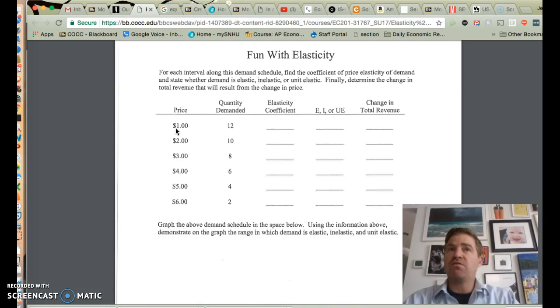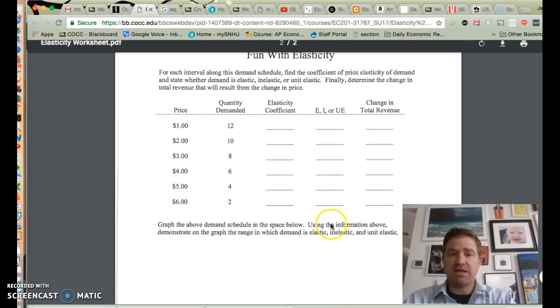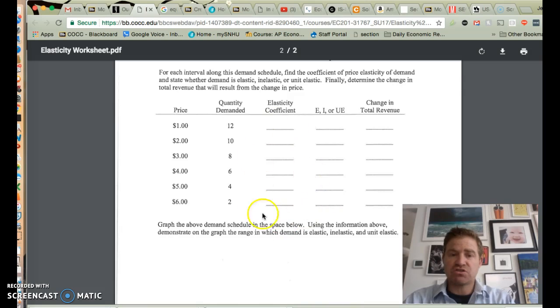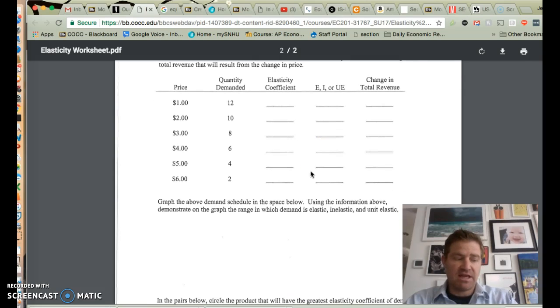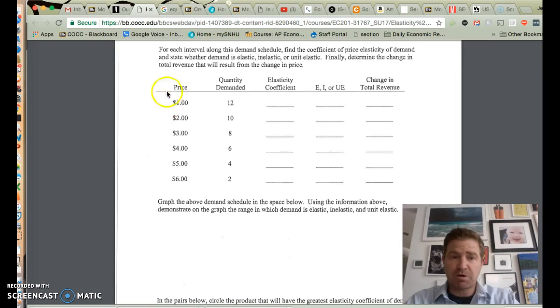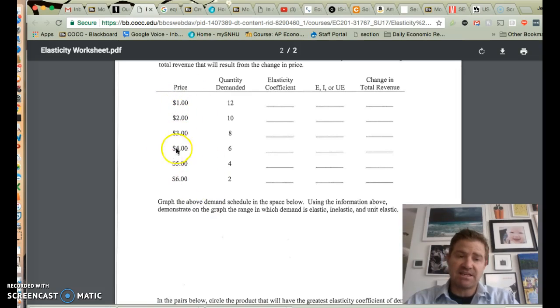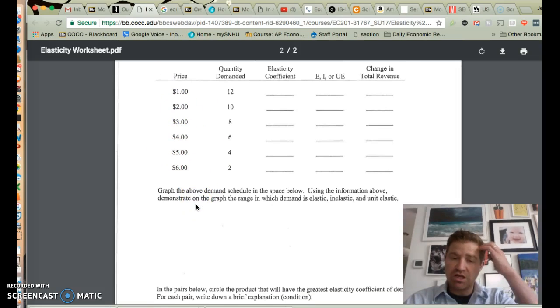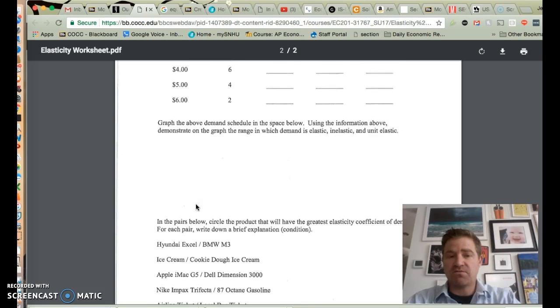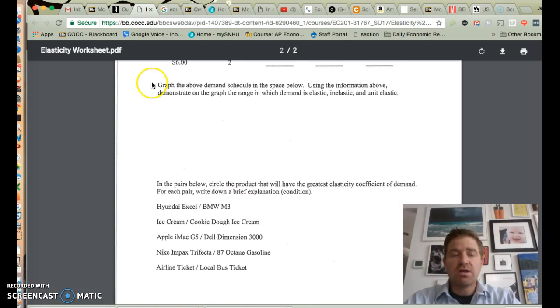If you give it a good faith effort to use the equation and try to figure it out, then I'm going to give you credit because there could be, say, two potential answers for each one of these. But basically, the standard idea is still there that goods are inelastic at the cheapest part of their demand curve, and they're elastic in the highest part of their demand curve. So I just want you to do your best, and I'm going to grade this very leniently, that's for sure.